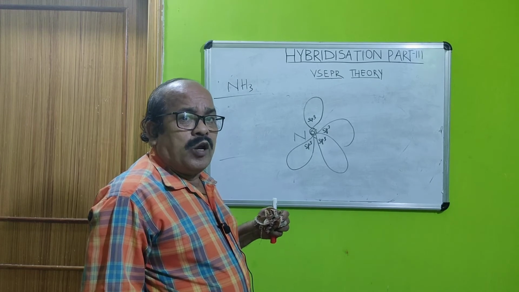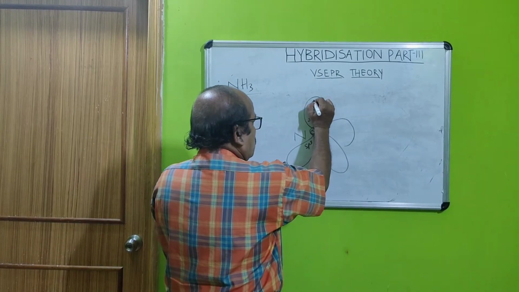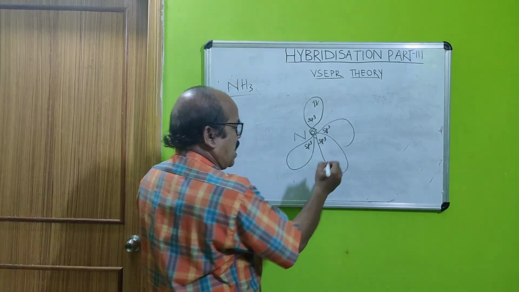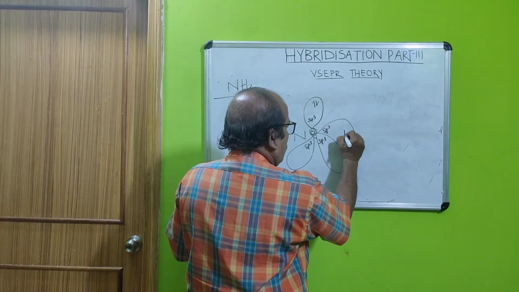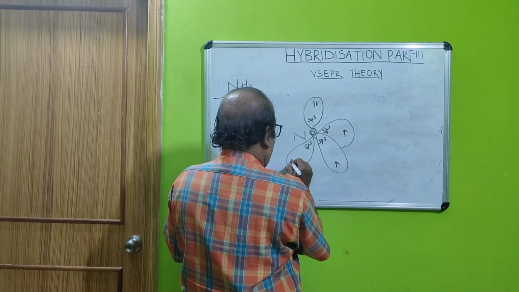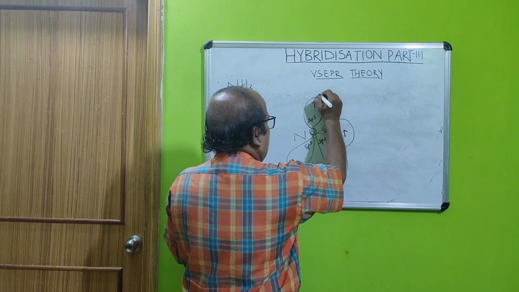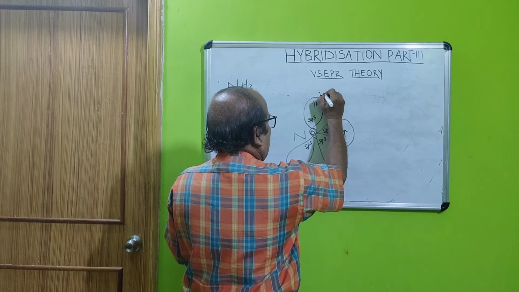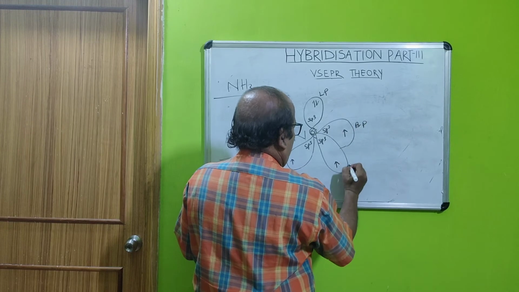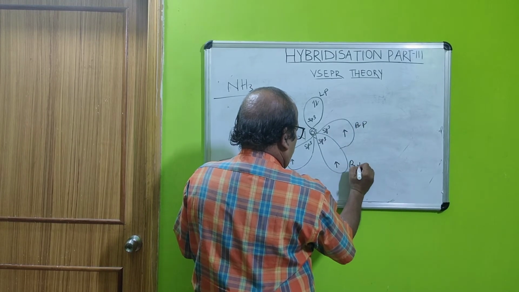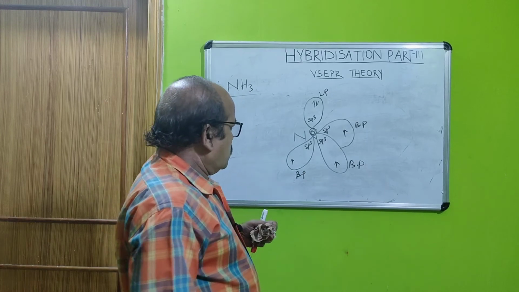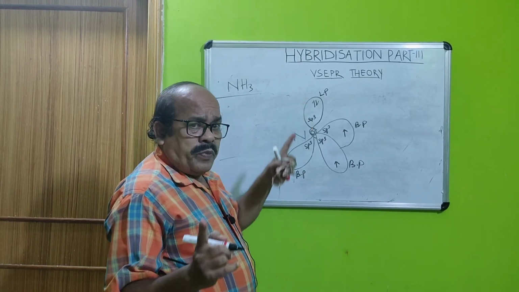One has a lone pair of electrons. The other three have bond pairs. I shall write it here as a lone pair, LP. This is BP, bond pair. This is BP. This is BP. Only one lone pair is there.